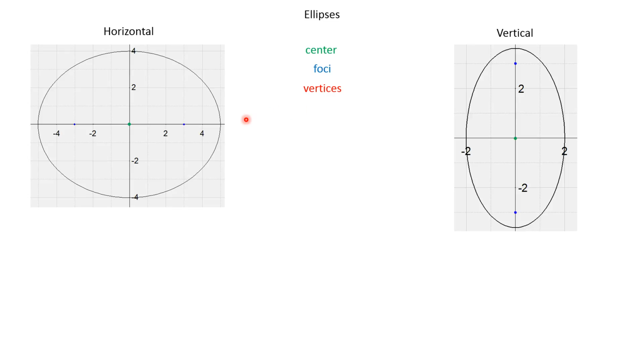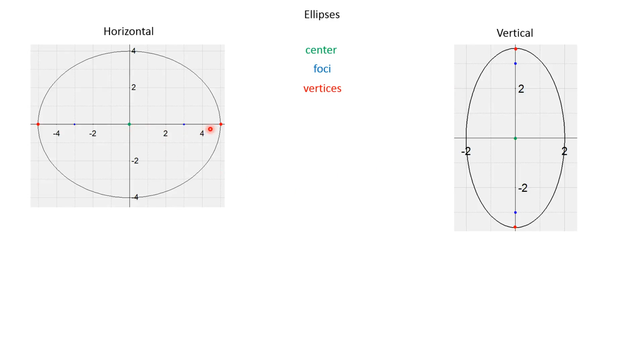The vertices are going to be at the end of the longer side. So in horizontal ellipses, the vertices are horizontal, on the same line as the foci. In vertical ellipses, the vertices are vertical, again on the same line as the foci.